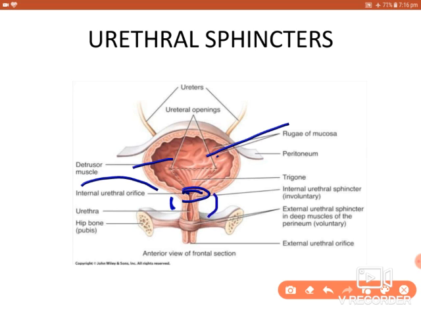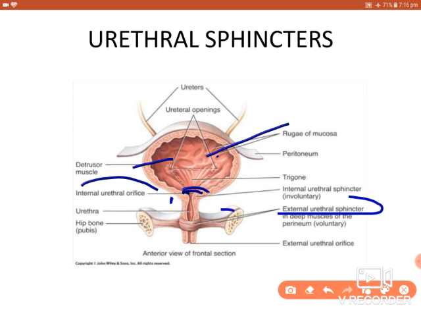Then at the level of the deep perineal pouch, there are two muscles: deep transverse perineum and sphincter urethrae. The sphincter urethrae forms the external urethral sphincter. Okay, that is from the ischiopubic ramus.